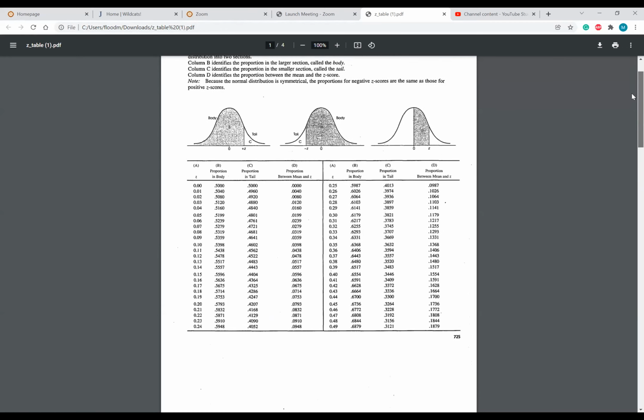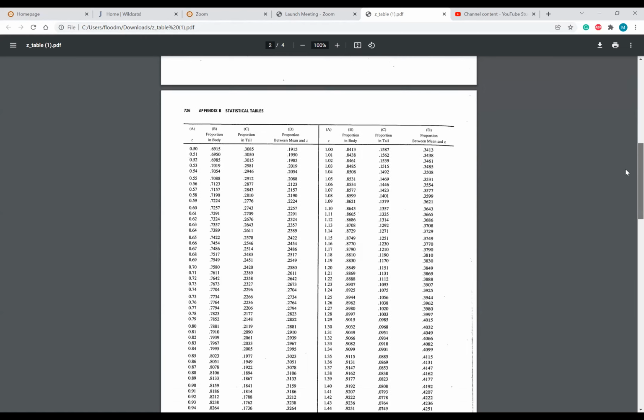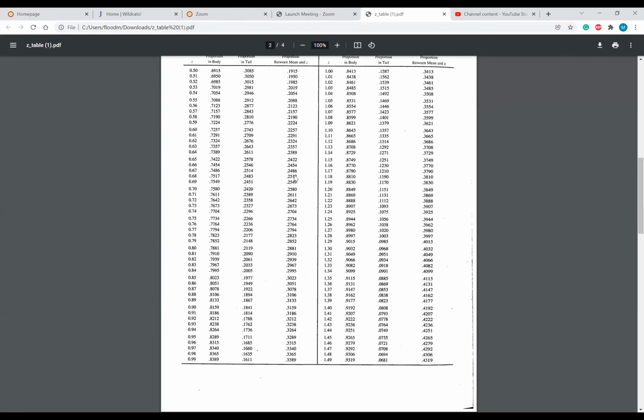So we're looking for the number that is closest to 0.25 in column D. The closest numbers are 0.2486 and 0.2517, but 0.2486 is 1 decimal place closer. So that corresponds to 0.67.